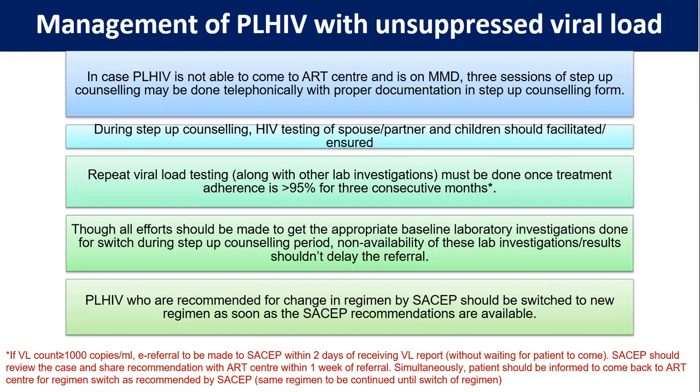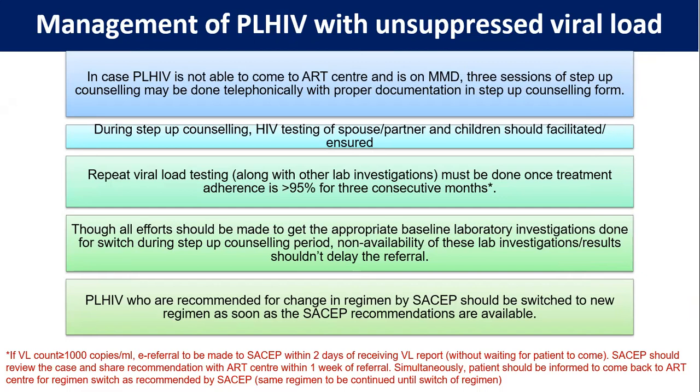During step-up counseling, HIV testing of spouse or partner and children should be facilitated or ensured. And repeat viral load testing is to be done only when the adherence for each of the 3 months is more than 95%. Then we should go for repeat viral load.